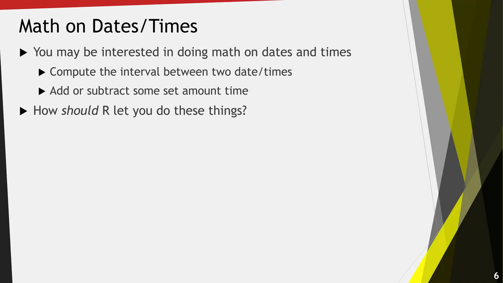Another common task in your data science workflow might be performing mathematical operations on dates and times. You might want to compute the interval between two dates and times, or you might want to add or subtract some set amount of time to an existing date or time value. So how should R let you do these things? For example, if I wanted to know how much time elapsed between two date-time values I have in my data, what do you think I would type in?